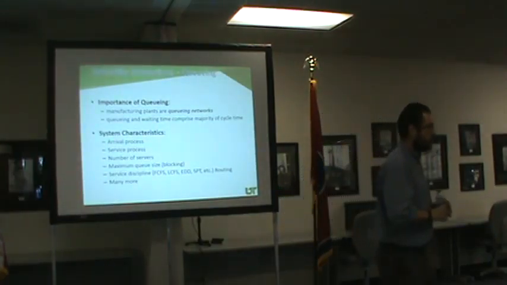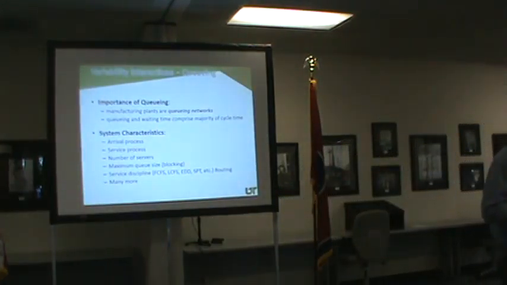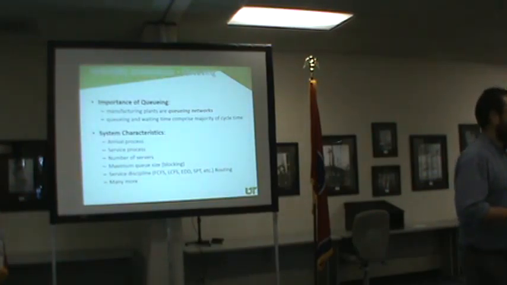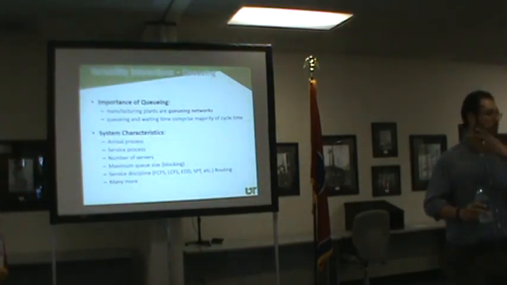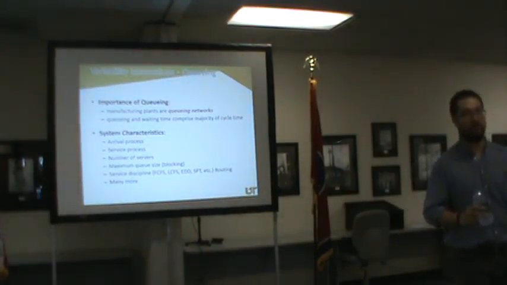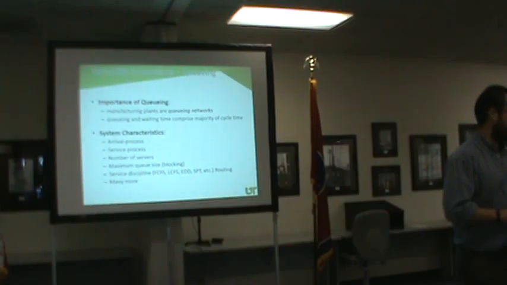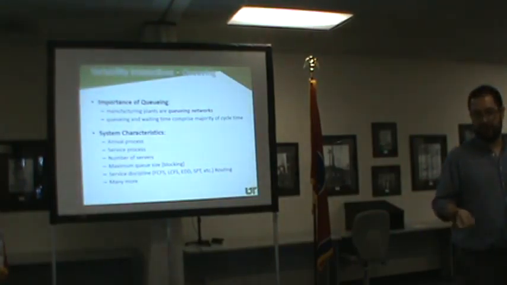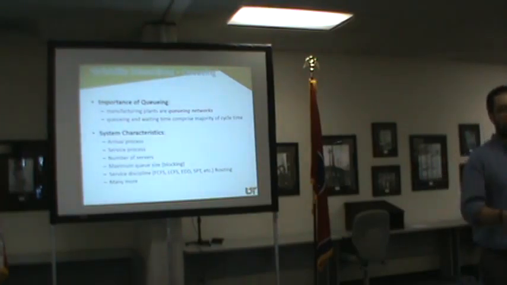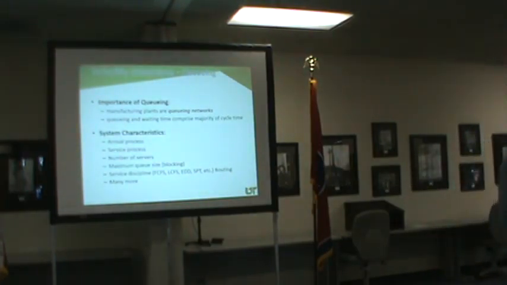So, queuing theory is very important because it provides the framework for explaining processes. As you saw, we were just measuring variation, but we need to understand how queues work. And it is highly utilized in industrial engineering to explain different algorithms, different methodologies of how to set up the processes.